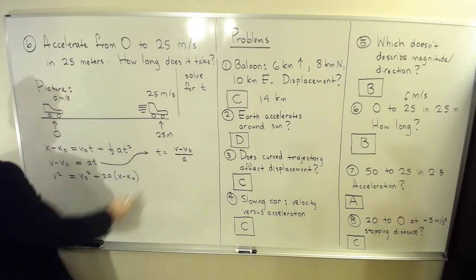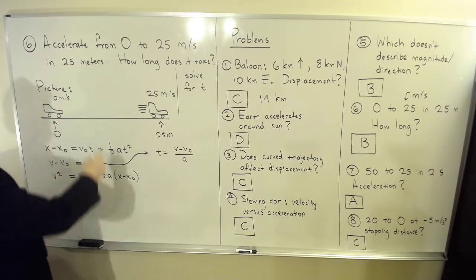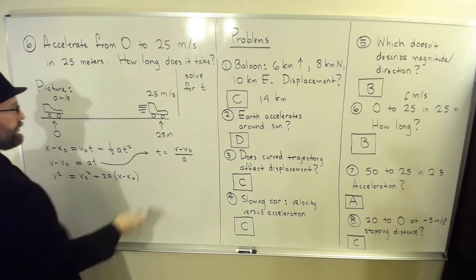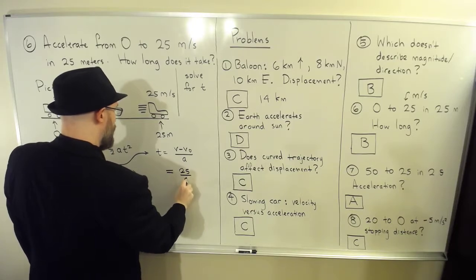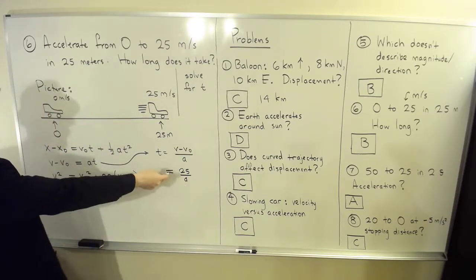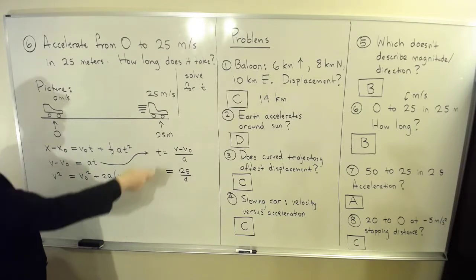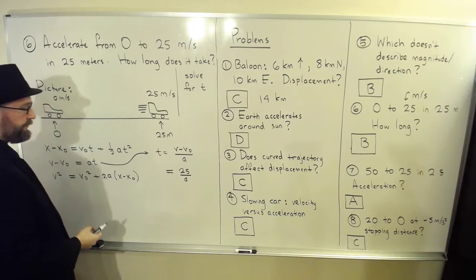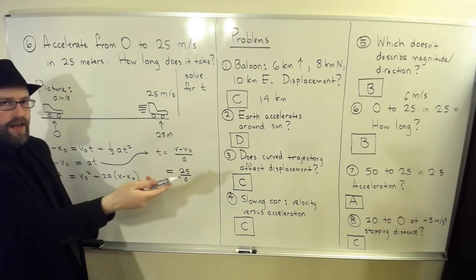Now I know what the final velocity is, I'm told that, that's 25 meters per second, and I know the initial velocity is 0, and so this would be 25 over a. Well, what's a? It will turn out to be that a is 12.5 meters per second squared. But you're not given that number.